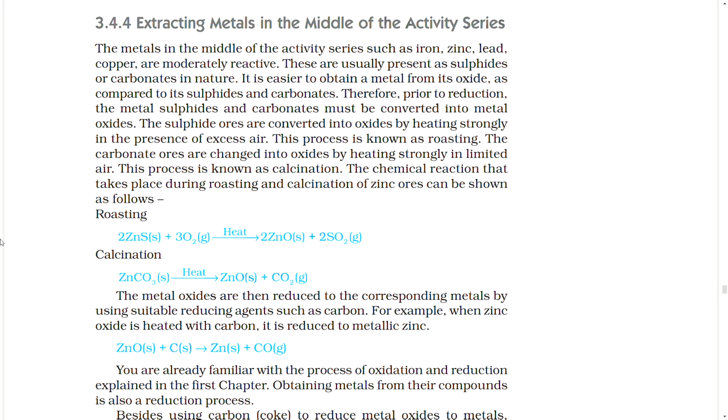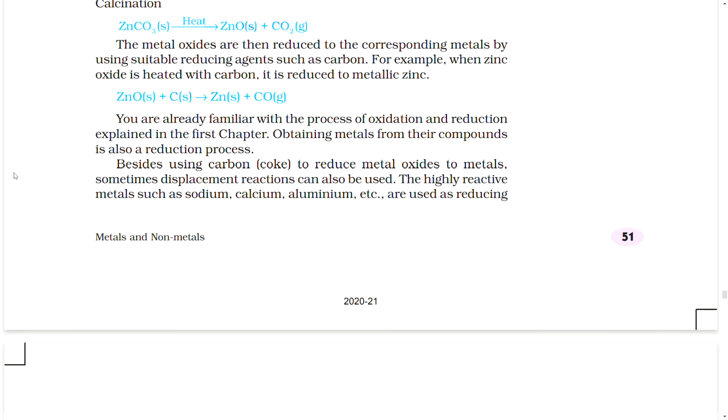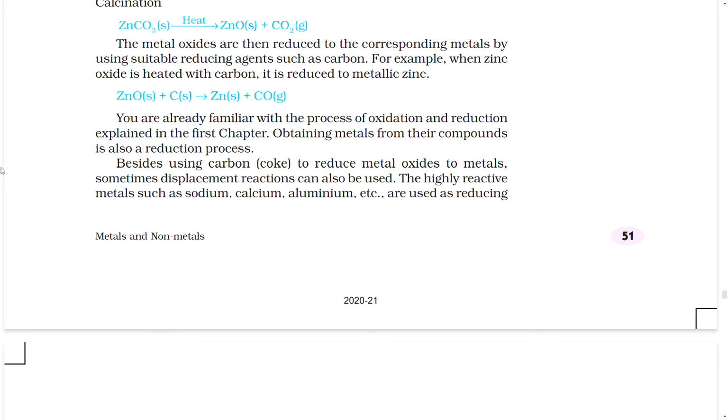The metal oxides are then reduced to the corresponding metals by using suitable reducing agents such as carbon. For example, when zinc oxide is heated with carbon, it is reduced to metallic zinc. ZnO(s) + C(s) → Zn(s) + CO(g).